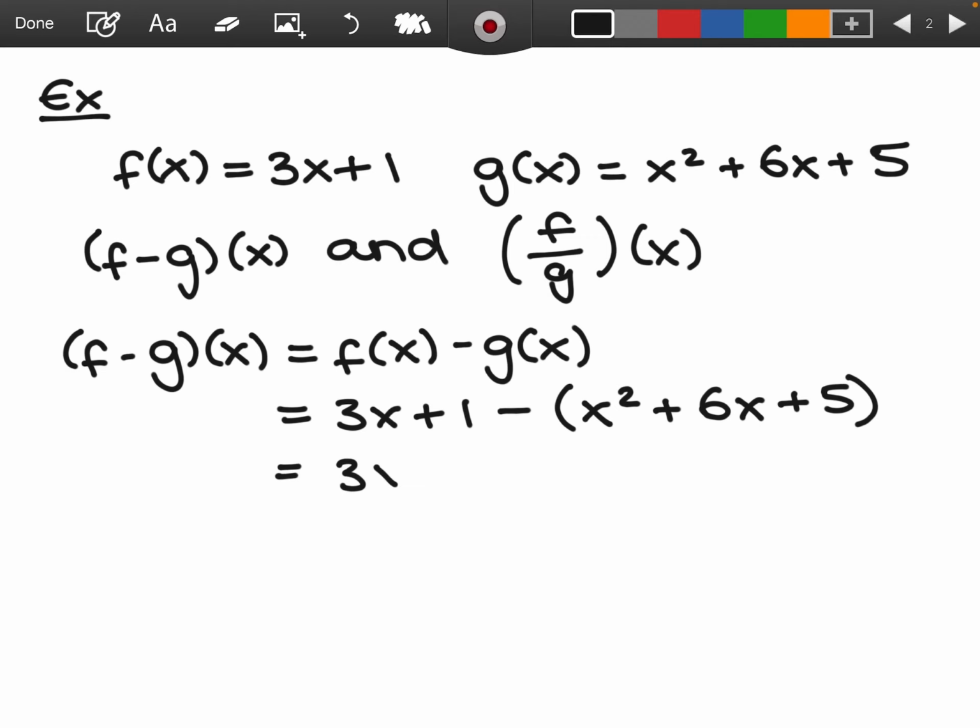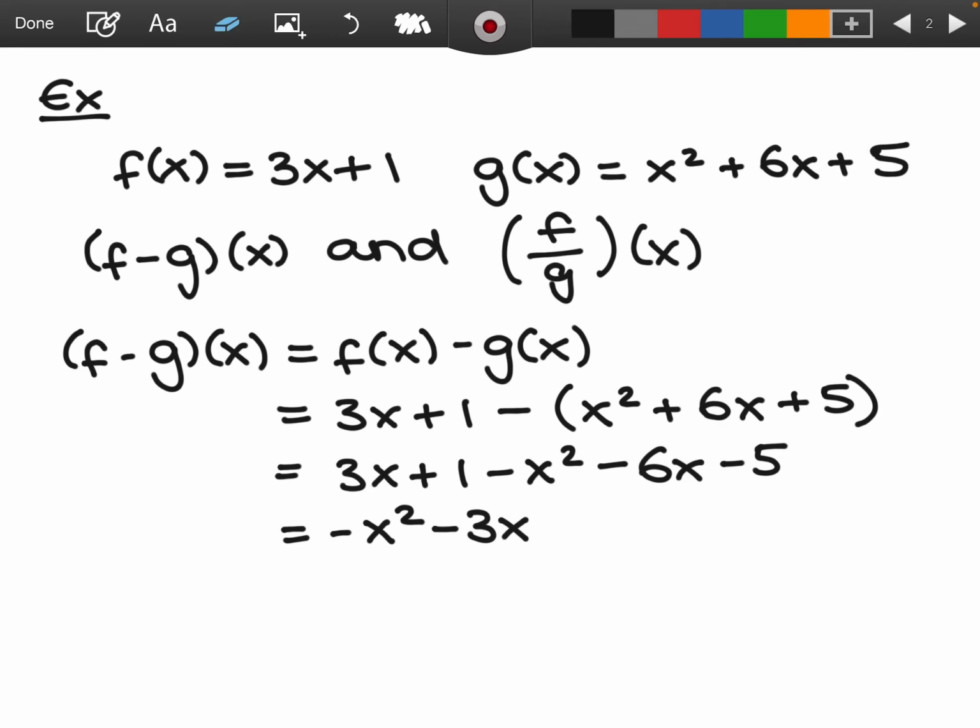So I get 3x plus 1, and then I have to distribute it across all the terms. So that gives me minus x squared minus 6x minus 5. And then I'm going to rearrange and simplify. So I've got my x squared term goes first, then I've got 3x minus 6x gives me negative 3x, and then I've got 1 minus 5 gives me negative 4.